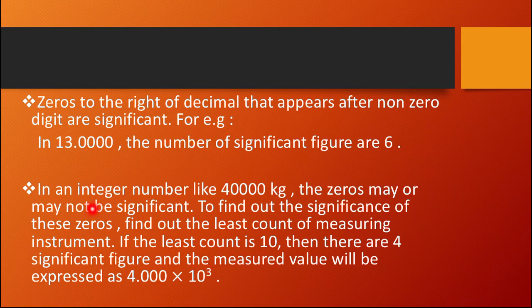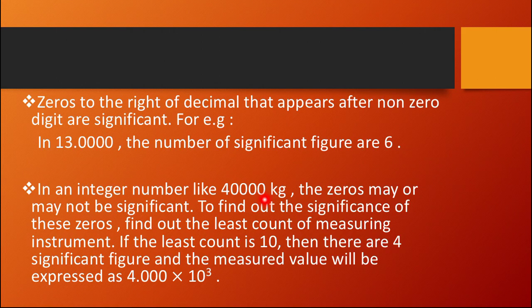If you have an integer number like here I have taken an example of 40,000 kgs. Here we don't know where the decimal point is. So we don't know the significance of these zeros. To find out the significance of these zeros, we will use the least count of the measuring instrument. Let's say the least count of the measuring instrument is 10, then we will divide this integer number 40,000 by 10.